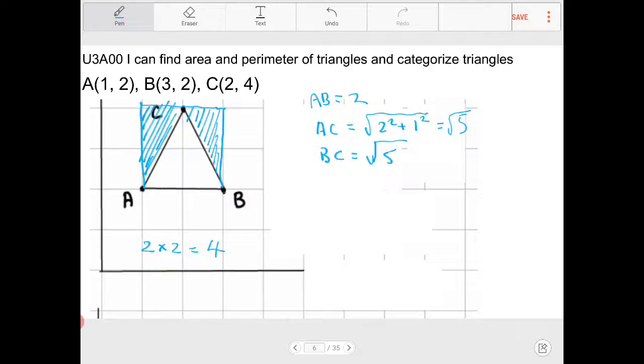For the triangles to the left and right, the base and height give 1/2 times base, which is 1, times 2. So the area is actually 1. So really, I'm subtracting: the area of triangle ABC is equal to 4 minus 1 minus 1, which equals 2.